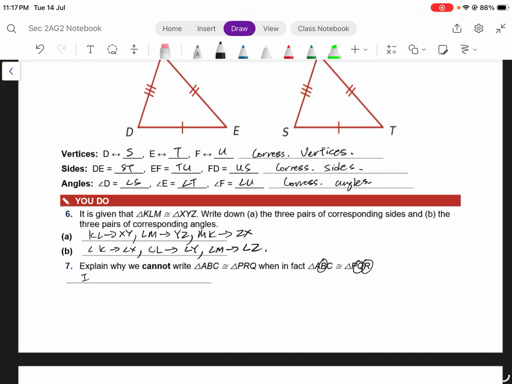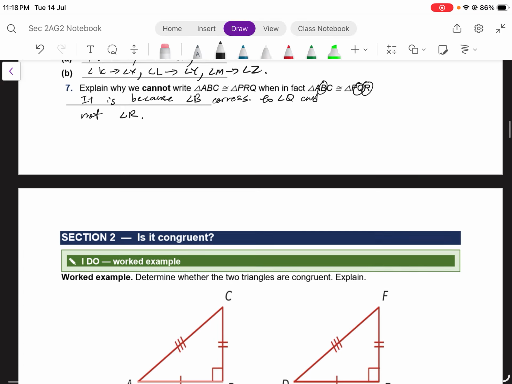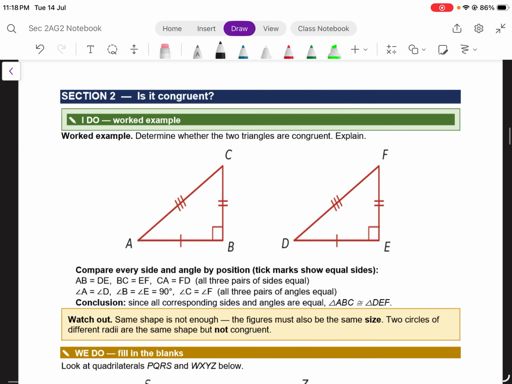It's because angle B or vertex B corresponds to angle Q and not angle R. So the order really matters for corresponding angles, all triangles actually.